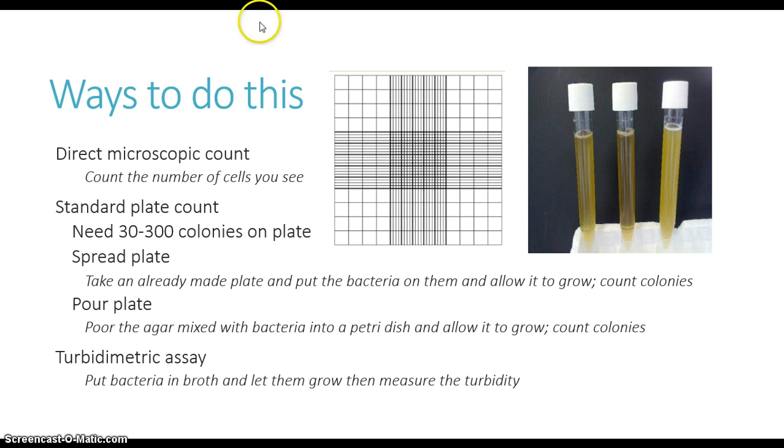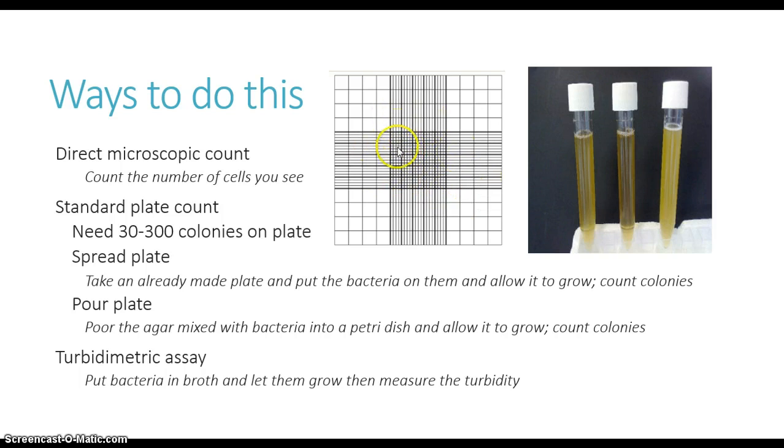So there are three ways to do this. There's direct microscopic count, standard plate count, and turbidimetric assay. Now, direct microscopic count is where you take a sample, probably about a milliliter of it, and then you put it into a little chamber, and then you have the ability to see whatever is growing in there.